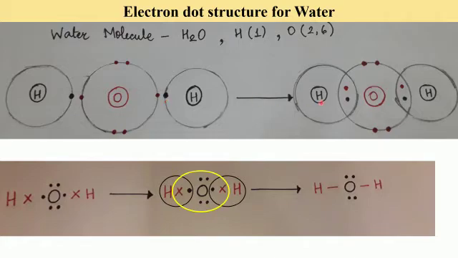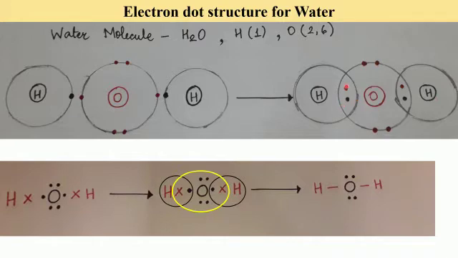So when hydrogen shares its 1 electron and oxygen also shares its 1 electron, you can see that there is one pair of sharing taking place between hydrogen and oxygen from this side. And oxygen is also sharing one more electron with another hydrogen atom. Hydrogen from here is also sharing its 1 electron. So oxygen is sharing 1 electron with this hydrogen and 1 electron with this hydrogen.